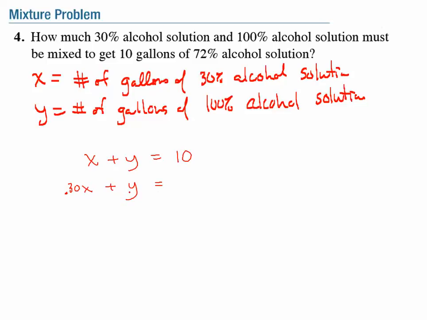We good? So over here we need the percentage, and then how much? You need that little extra 10 in there, which we don't get from the interest problems. So that's really the difference between a mixture problem and an interest problem, because the interest is already given.